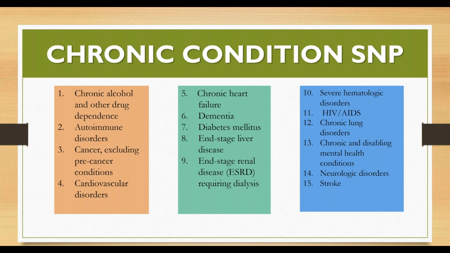Now they're limited to just a few of them, like lupus, rheumatoid arthritis, but there's a whole list of which autoimmune disorders qualify. Cancer, but it excludes pre-cancer conditions or in situ. Cardiovascular disorders, but again, these are limited to like cardiac arrhythmias, coronary artery disease, peripheral vascular disease, and chronic venous thrombotic disorder. It could be chronic heart failure, dementia, diabetes, end-stage liver disease.